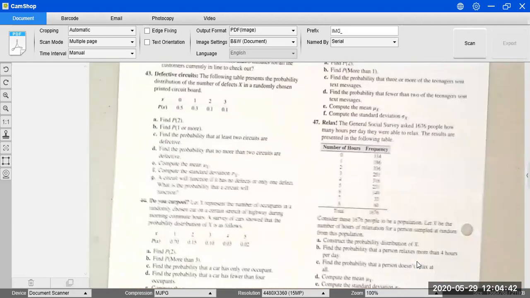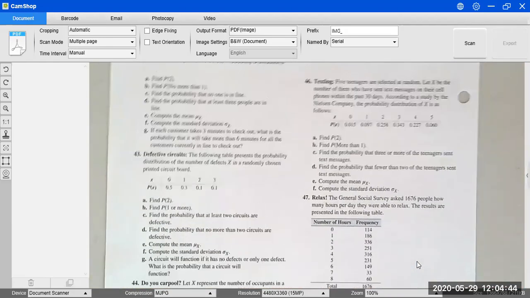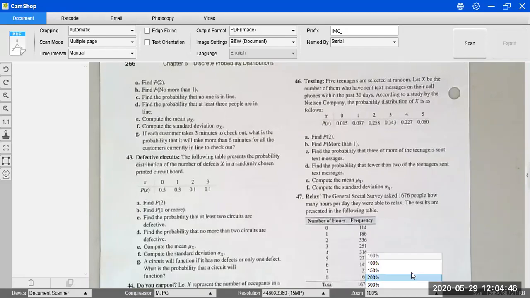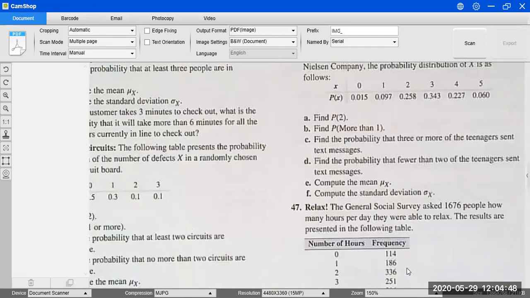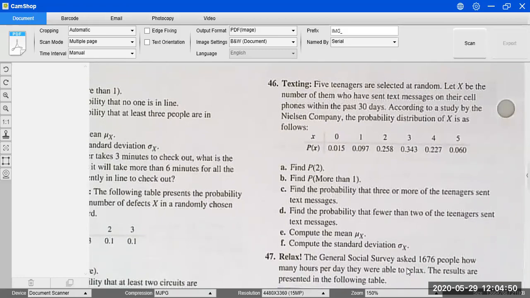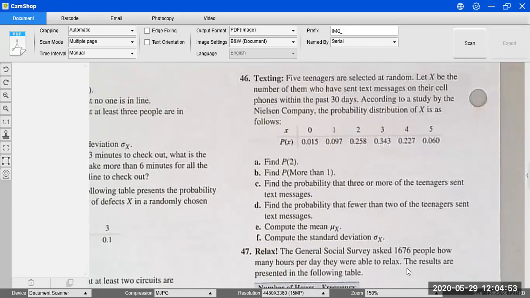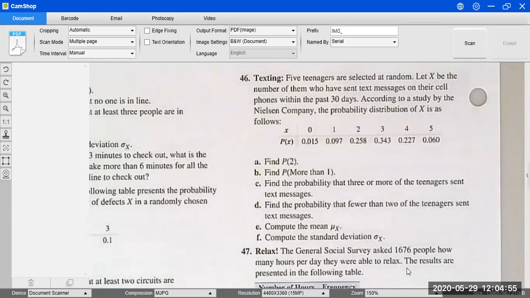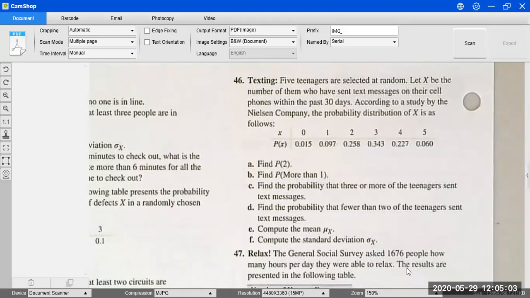So the problems are here. Let me show you the first one. 46 is about texting. You have your frequency distribution here with values from 0 through 5, the corresponding probabilities, and you're going to first find the probability of some events, for example, when x equals 2 or when x is greater than 1.